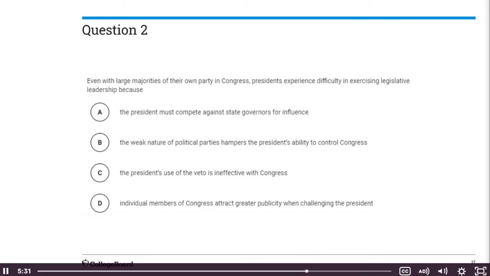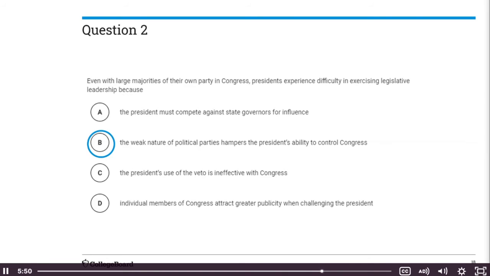All right, even with large majorities of their own in Congress, presidents experience difficulty in exercising legislative leadership because parties are weak in terms of being together against a president versus being together for something that they want.